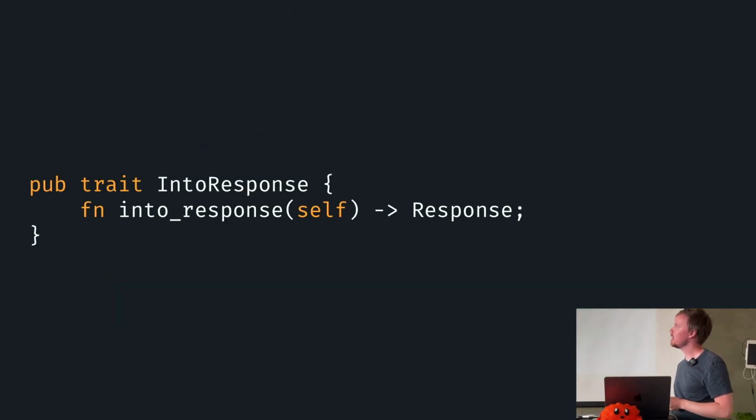To ask a question, I guess, why into response as a trait and not into? Why not the into trait here? So the easy answer is that the trait hasn't always looked like this. It used to have associated types and all sorts of stuff.